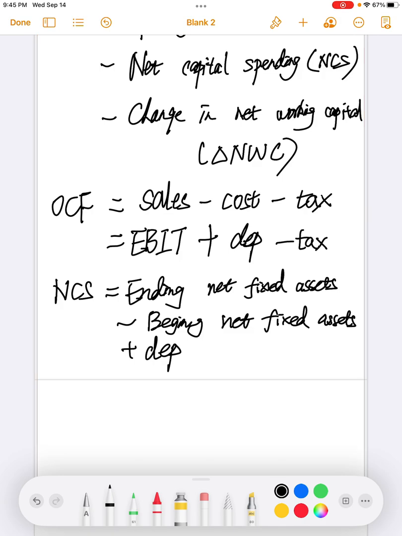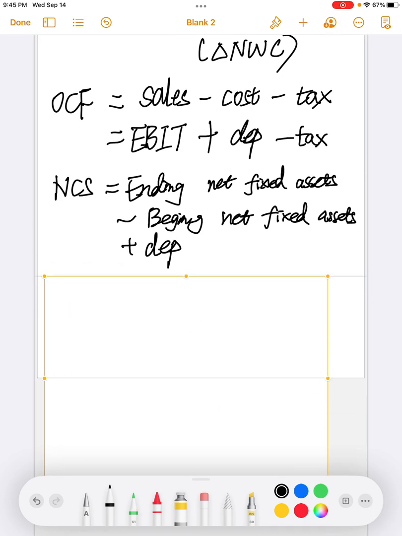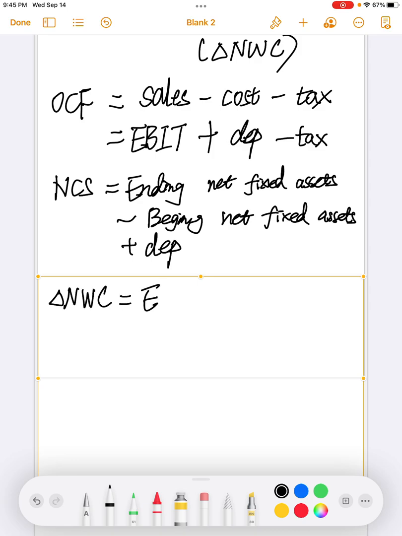The change in the company's net working capital just equals the company's net working capital at the end of the period minus its net working capital at the beginning of the period.